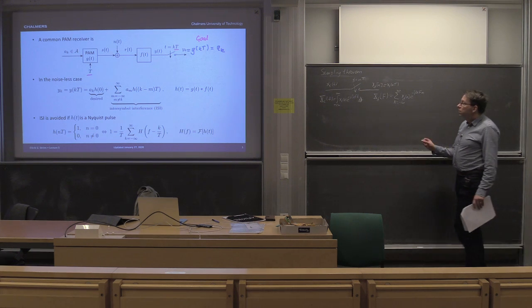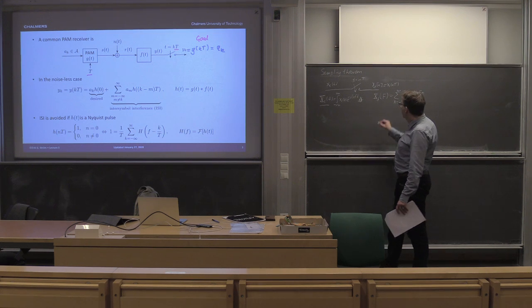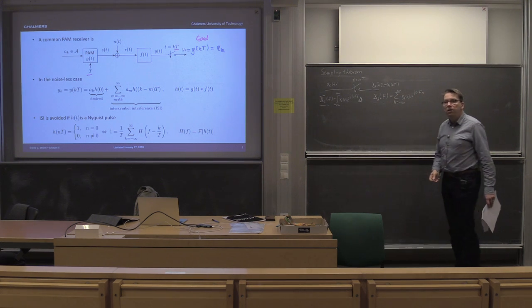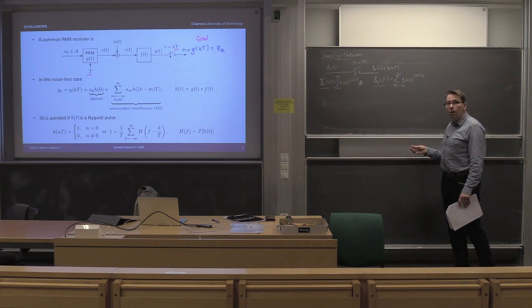The sampling theorem says that we can relate the Fourier transform of the continuous signal with the Fourier transform of the discrete time signal through a simple formula.